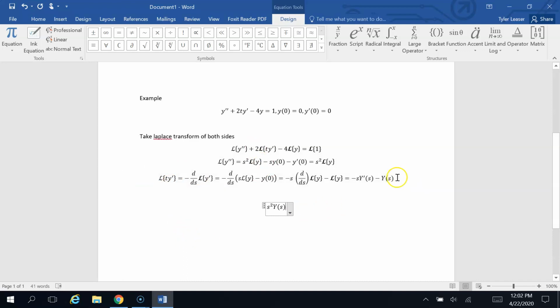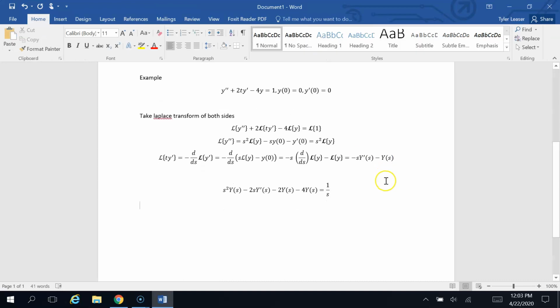So we're just going to multiply by 2 onto these two terms. So negative 2s y prime of s, and then minus 2 times just y of s. And that's going to be also the last term, negative 4 times just y of s, and that's equal to, again, this is coming from the table of the book, the Laplace operator of 1, it's just 1 over s.